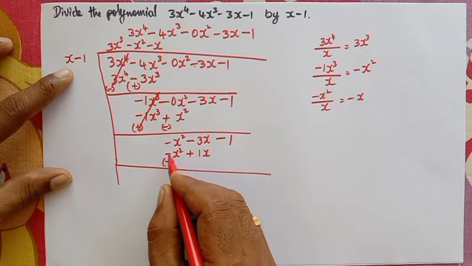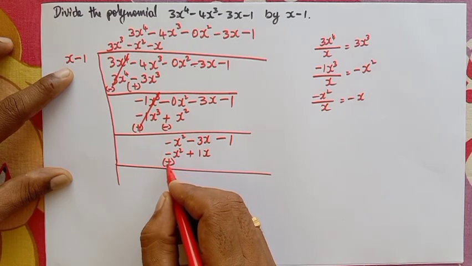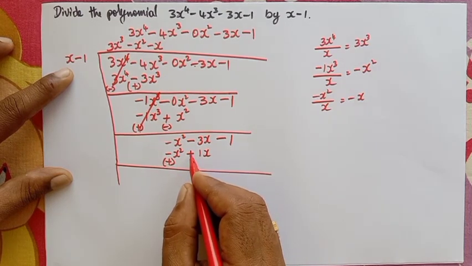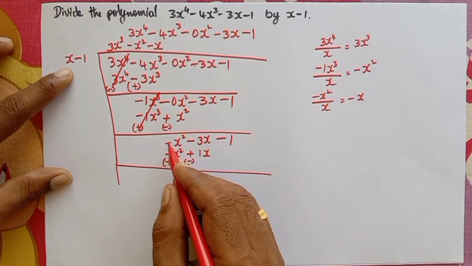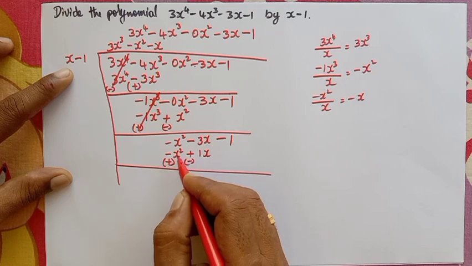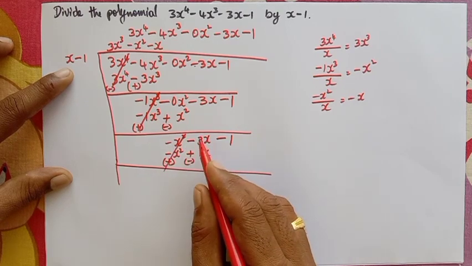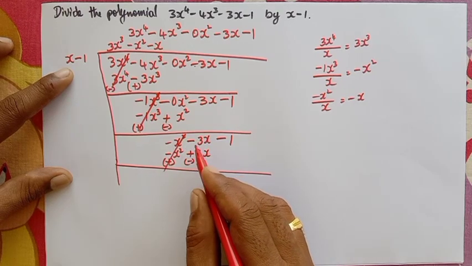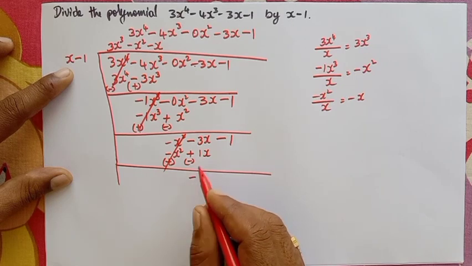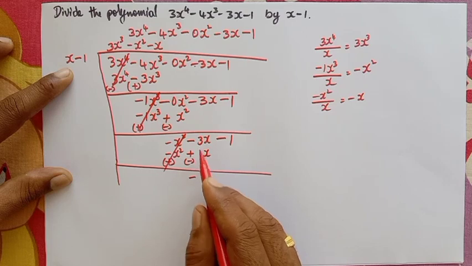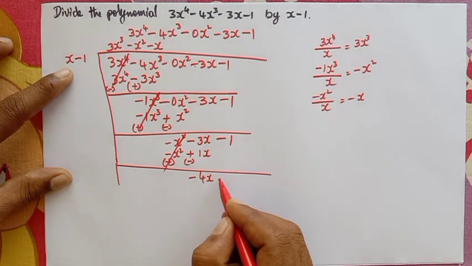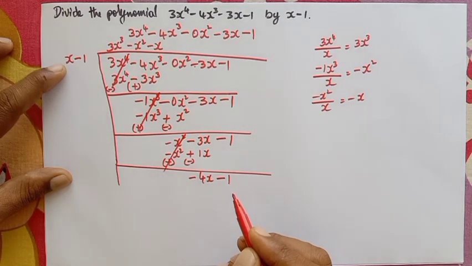Here sign change, as it is here minus, we should write plus. As it is here plus, we should write minus. Here minus x square plus x square cancels. So here minus, here also minus is there. So minus 3 plus 1, as both are negative signs, we should add 3 plus 1, 4x, minus 1.